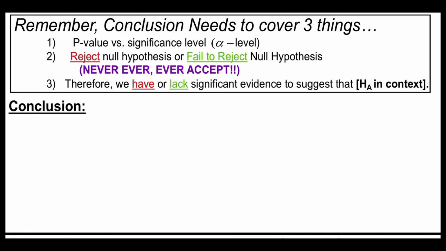Okay, conclusion. Conclusion needs to have 3 things. If you want to do different sentences for each, you can, but it has to cover 3 things. So the first thing is p-value versus significance level.